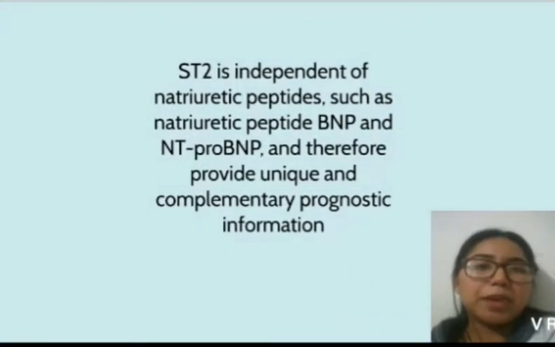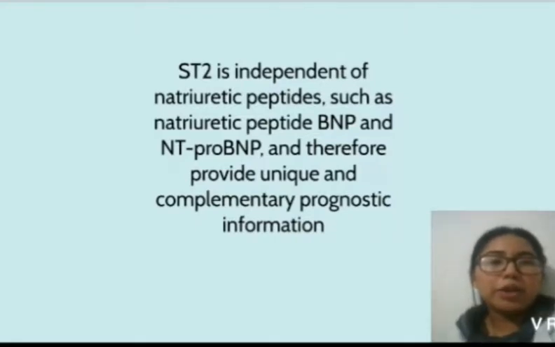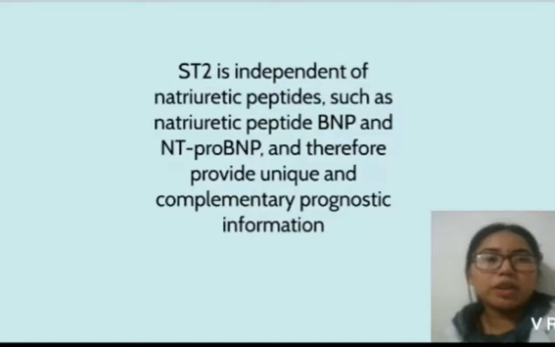ST2 is independent of nonrelapse mortality risk factors, such as Ann Arbor score, and therefore provides unique and complementary prognostic information.